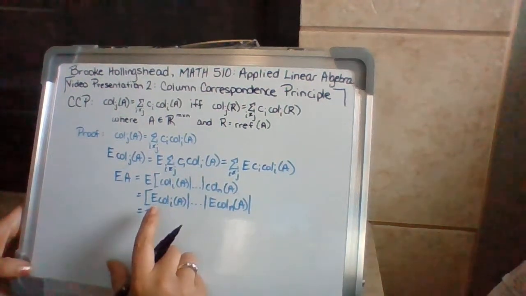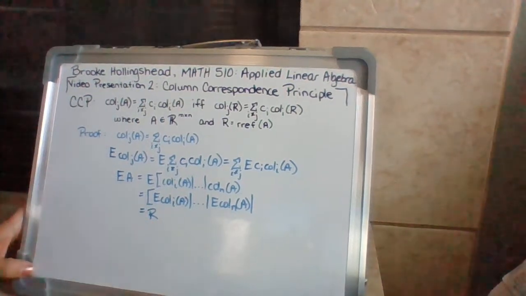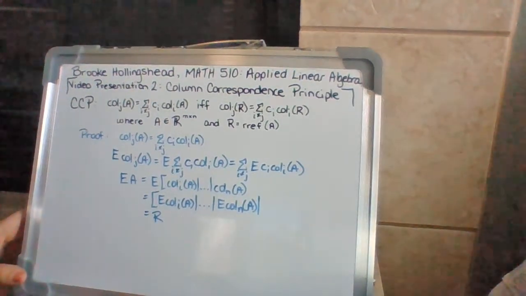When I take the elementary matrix times each of the columns, I end up with my reduced row echelon form, so I get matrix R.